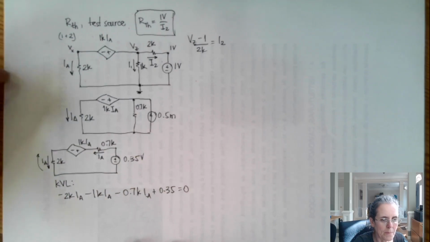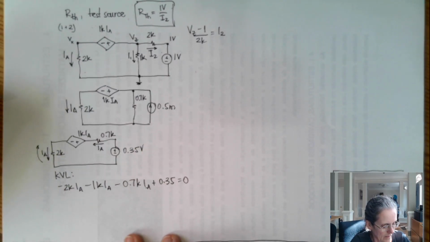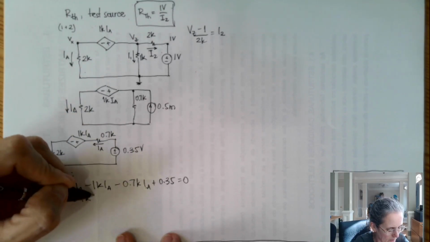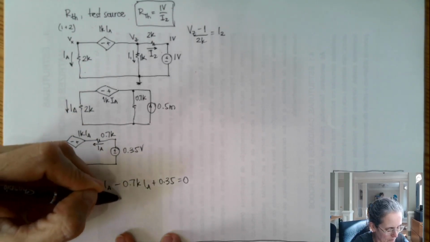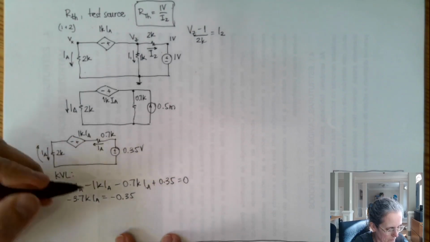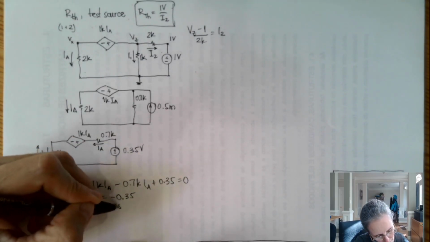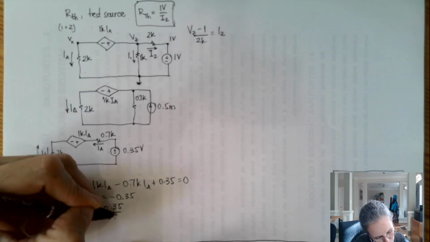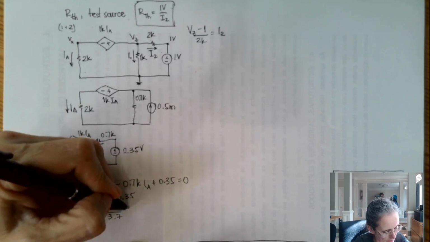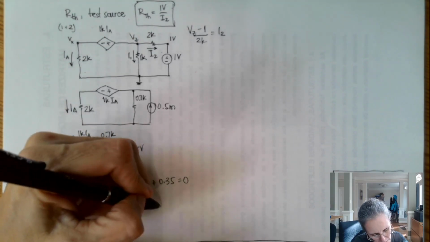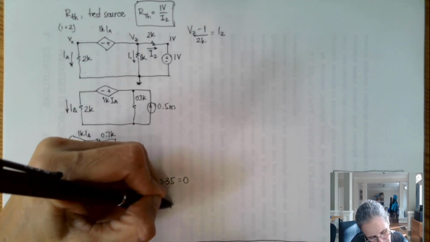So this is KVL, which is minus 3.7K IA is minus 0.35. So IA will be 0.35 divided by 3.7 milliamps. So this is more or less 1/10 maybe, 0.1 milliamps.